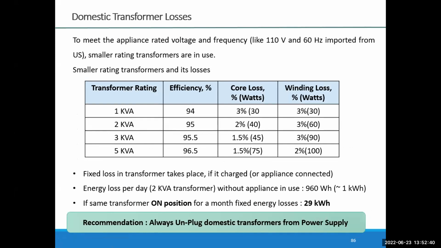When we multiply with the tariff of 0.78, for example, it gives around $20 as the energy cost lost. Per month? Yes, per month. That is for a 2 kVA transformer whose core losses are 40 watts.